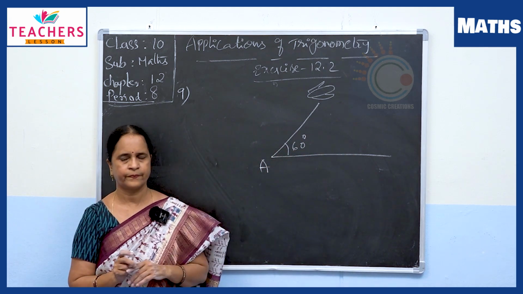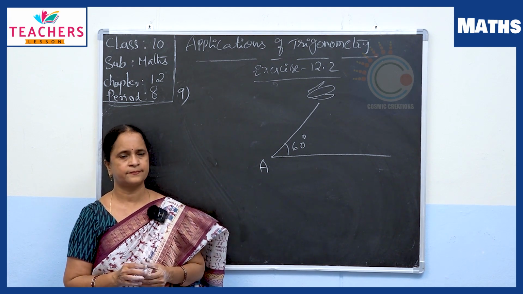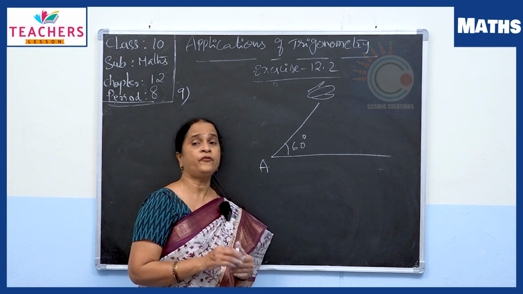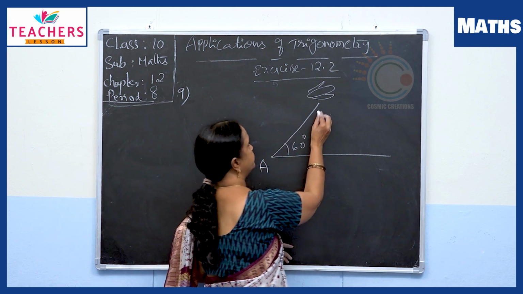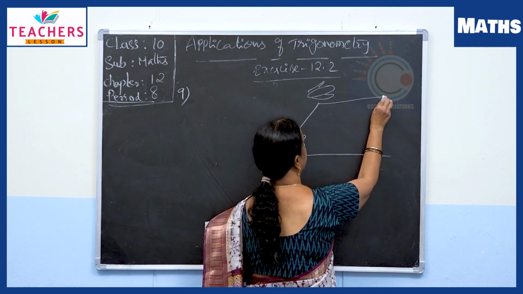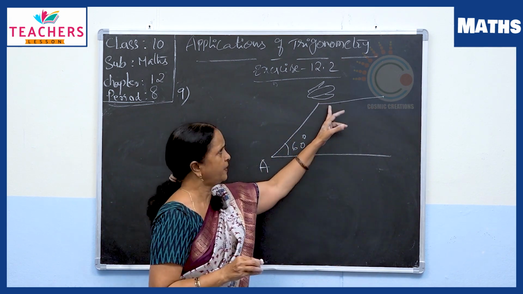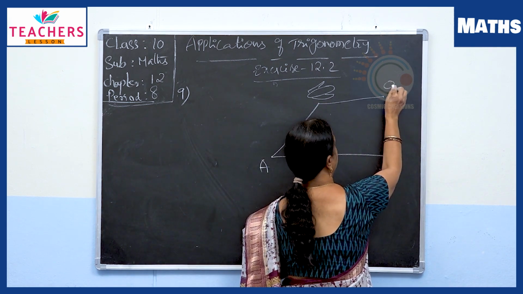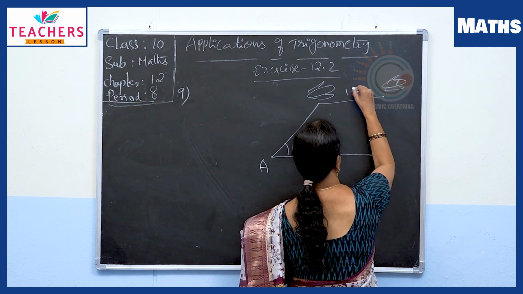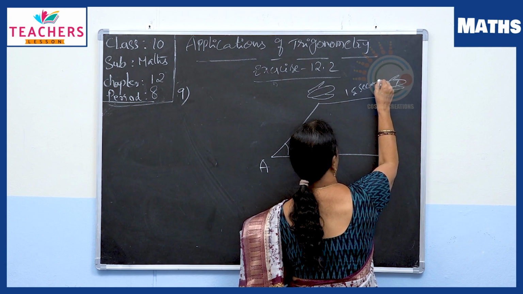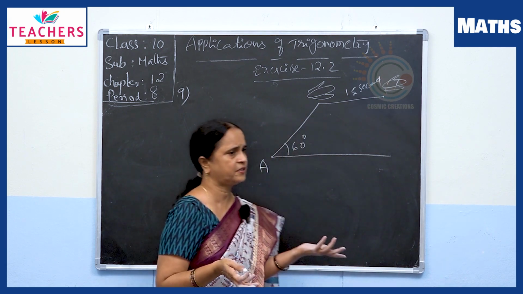After a flight of 15 seconds, it moved, and the angle of elevation changes to 30 degrees. It was here, and it went here. But only the 15-second time is given. They did not give the distance or anything.